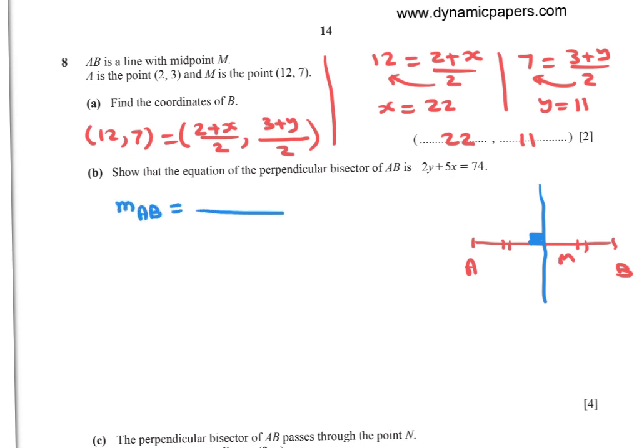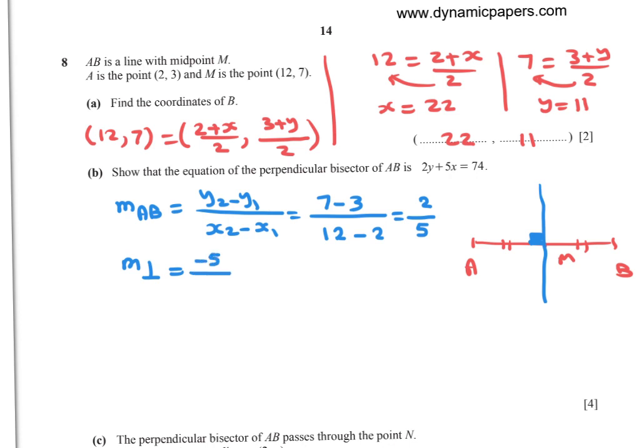Gradient of AB is y2 minus y1 over x2 minus x1. So 7 minus 3 over 12 minus 2 equals 2 over 5 in the simplest form. So the gradient of the perpendicular to AB, the negative reciprocal, is negative 5 over 2.